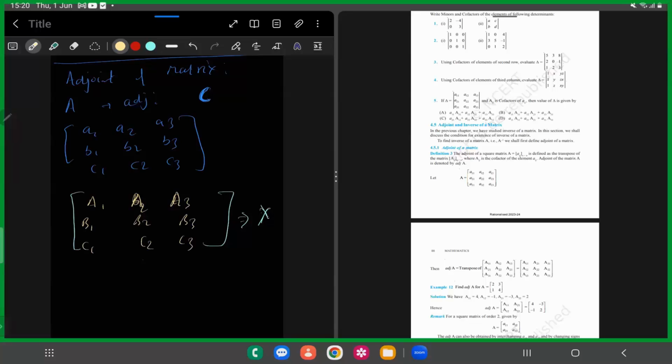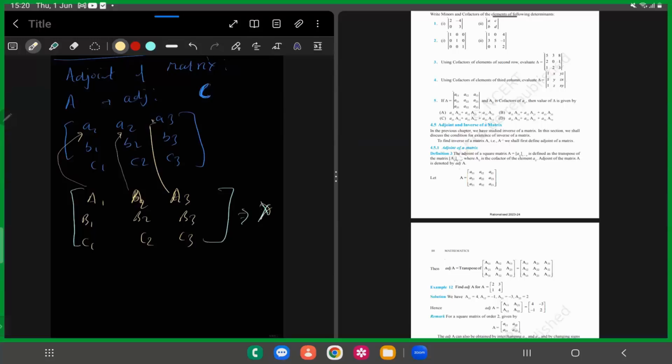Here capital A1 is the cofactor of a1, capital A2 is the cofactor of a2, capital A3 is the cofactor of a3, and so on. So this is basically the cofactor of every term present in the above matrix.